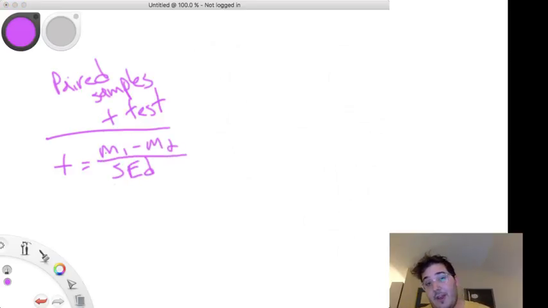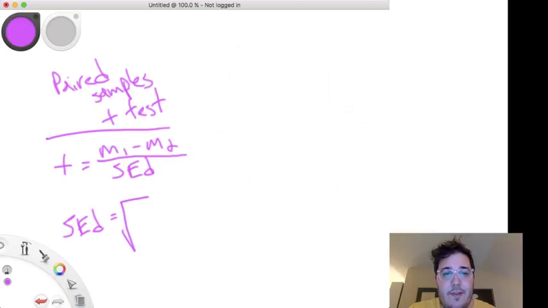So again, you're comparing two groups that have means and standard deviations. So the SAT scores of the high school students in New Brunswick versus the SAT scores of the students at high school in Edison. Two samples with means and standard deviations. The difference here is that the SED calculation is a little bit different. It's very similar, but there's just an extra part.